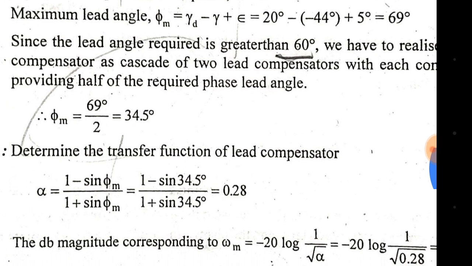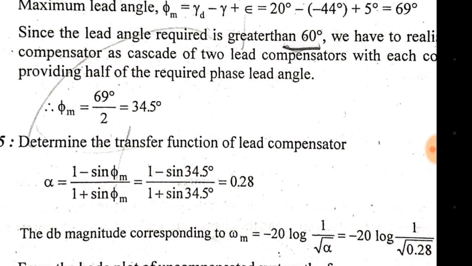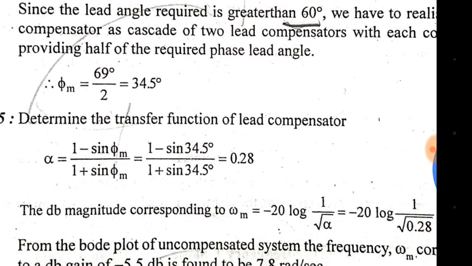Determine alpha for the transfer function of the lead compensator. Alpha is equal to (1 minus sine phi m) divided by (1 plus sine phi m). With phi m 34.5 degrees, we get 1 minus sine 34.5 degrees divided by 1 plus sine 34.5 degrees, so alpha is equal to 0.28.